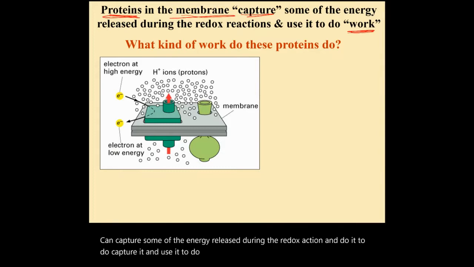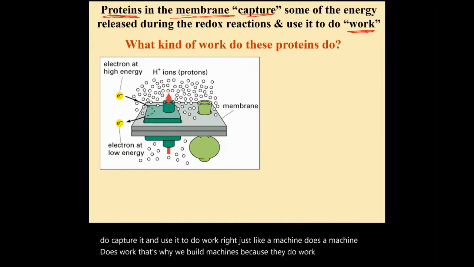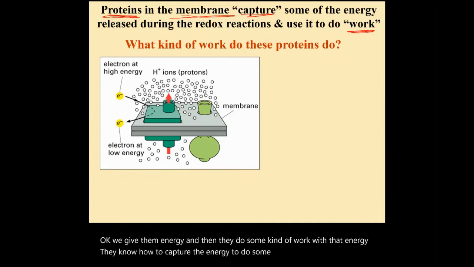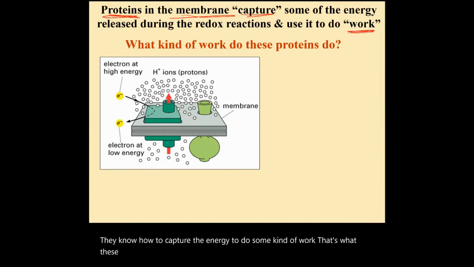Just like a machine does. A machine does work. That's why we build machines, because they do work for us. We give them energy and then they do some kind of work with that energy. They know how to capture the energy to do some kind of work. That's what these proteins are. They're like machines.